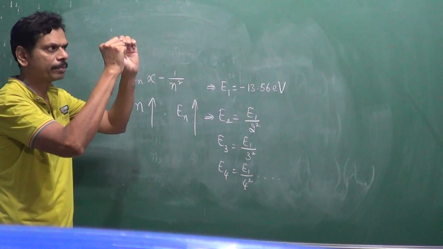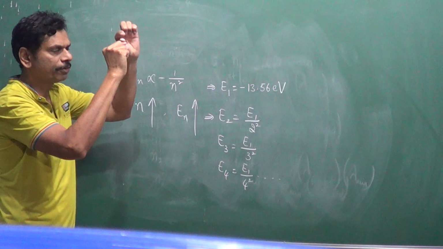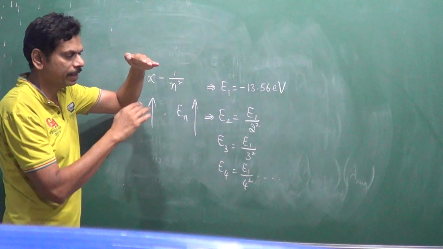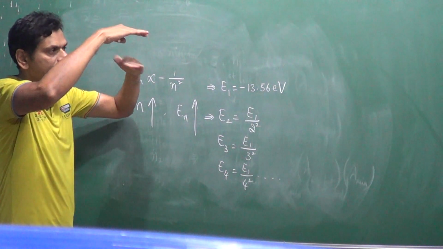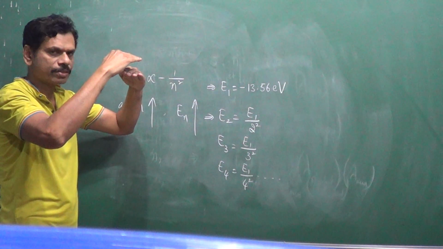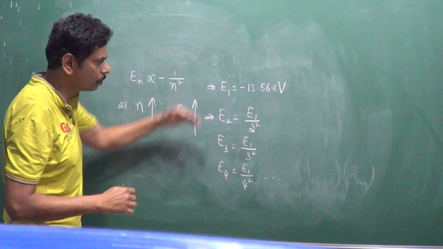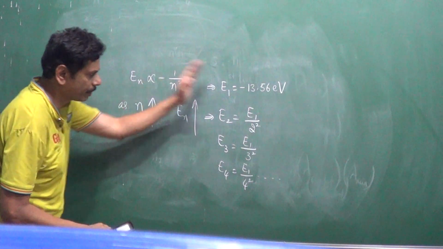Second orbit to the third orbit gap is less. Again, still less. Fourth orbit to the fifth orbit, it is still less. So energy does not change in equal steps. The first one to the second one, it is changing a small amount, still small amount, still small amount, like that it goes on changing. So that is a concept we have to remember.